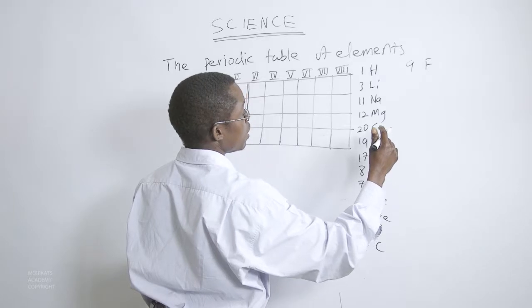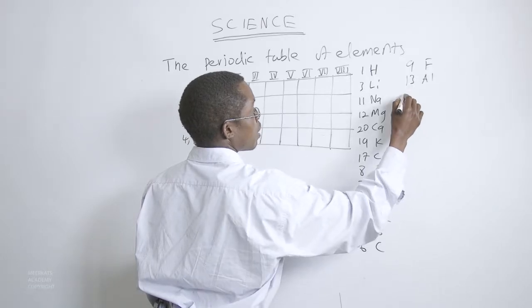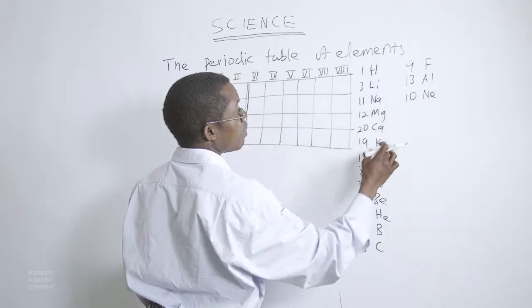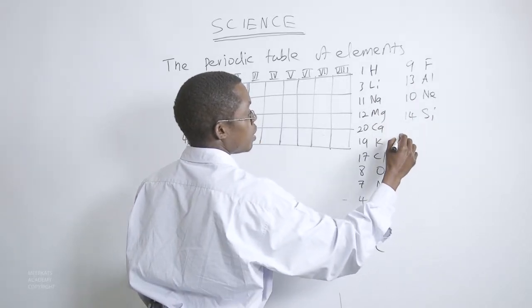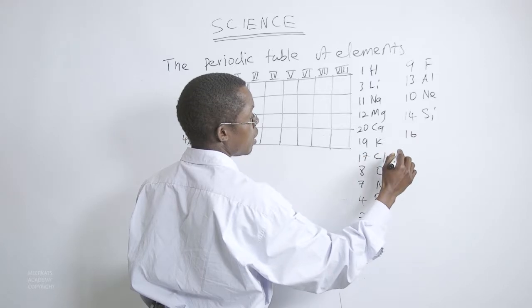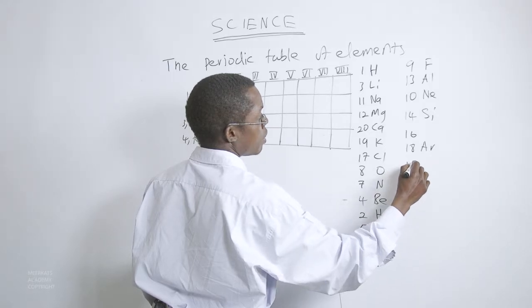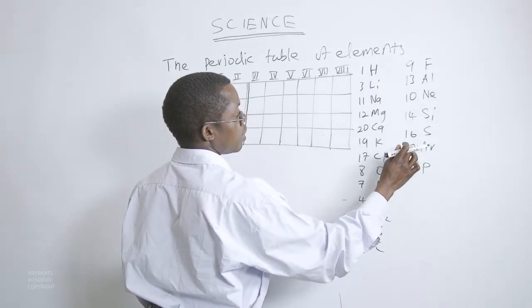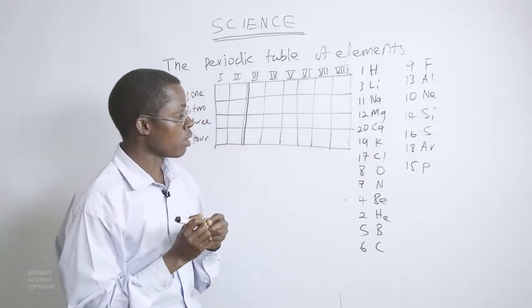Ten is missing. 11 is there, 12, 13, so that I can have now my 10 here. 11, 12, 13, can have 14, 15, 16, 17, we have 17 here, 18, 19, 20.